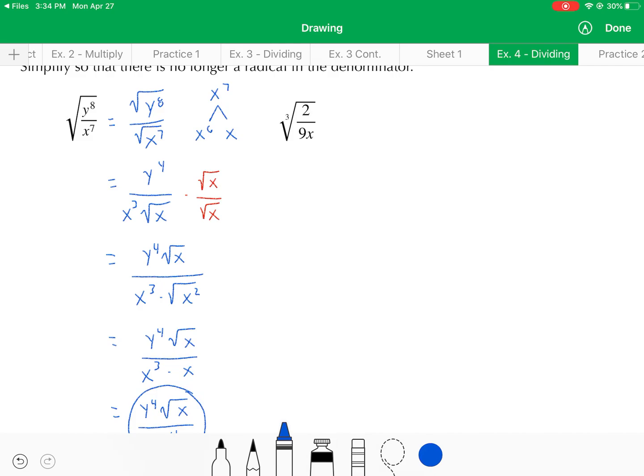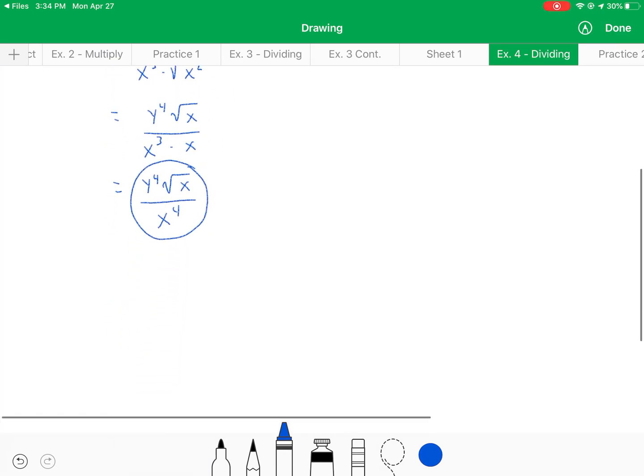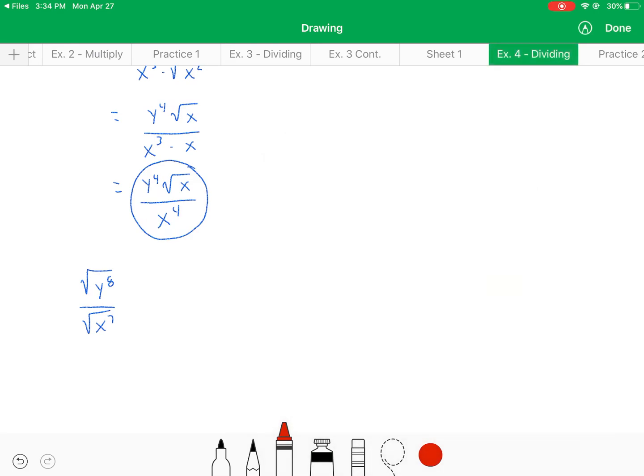Okay, and I could take a different approach. Okay, I could start with square root of y to the 8th over square root of x to the 7th. And I could have just multiplied by square root of x over square root of x right away.